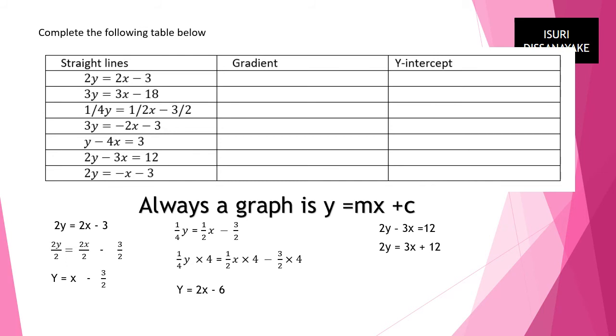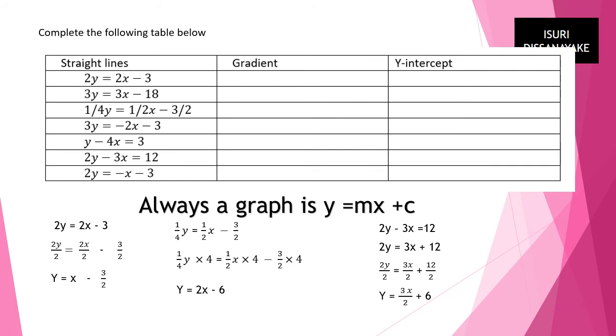Still now it is 2y equals, not y equals. So I remove the 2 as I did in the first equation. I divide everything by 2. So it turns into y equals 3 over 2 x plus 12 divided by 2, and you get a whole number, which is 6. So now I have done 3 sums picked from this table. I have used algebra and arranged each equation into the form y equals mx plus c.